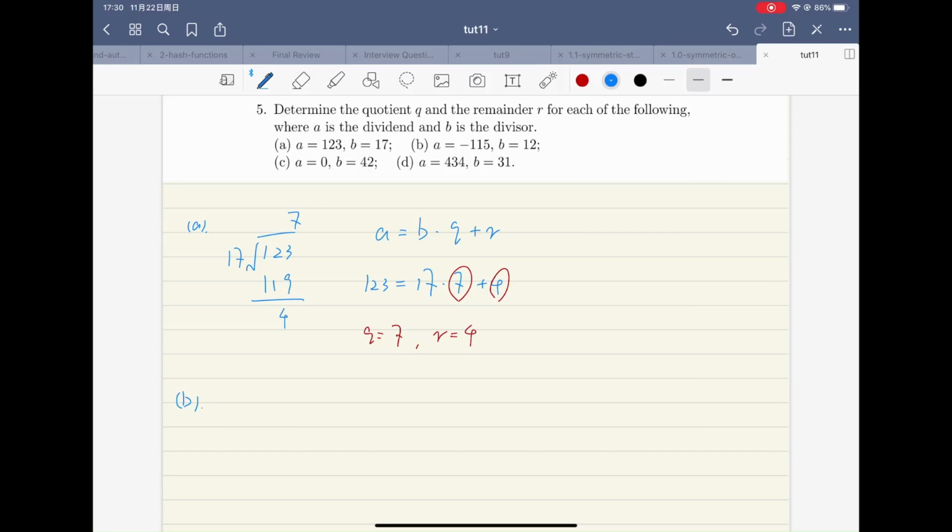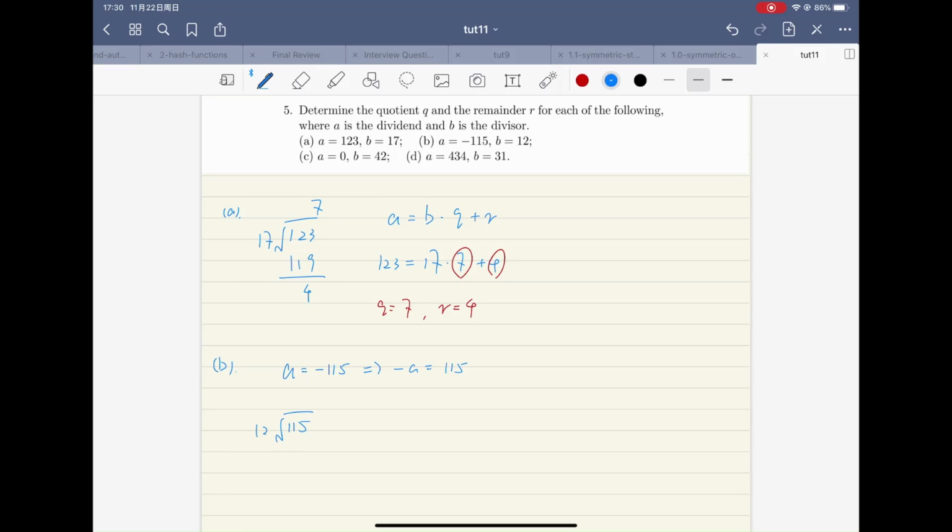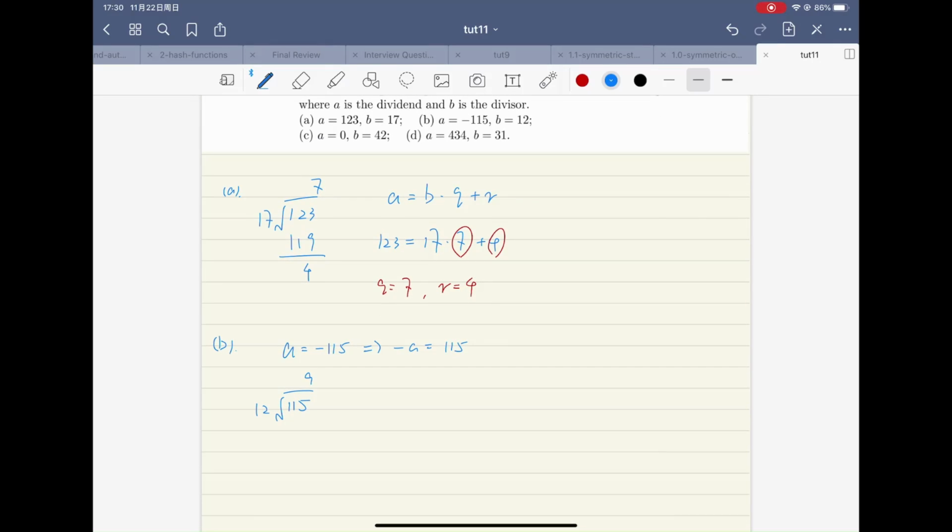So we have A equals negative 115 here, and we can use the long division on the negative A. Because A equals negative 115, negative A equals 115, and we have 115 divided by 12. We got 9 here.